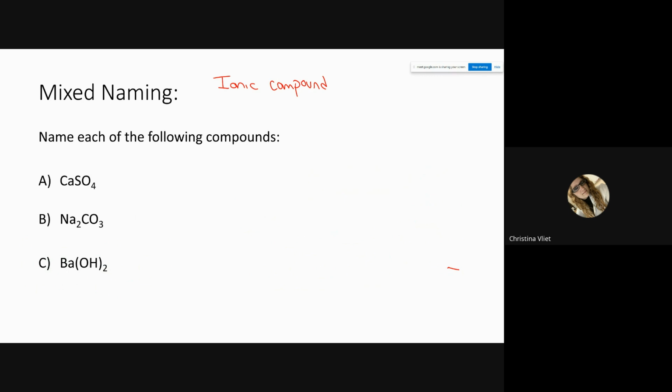So ionic compounds with 3 or more capital letters, indicating that we have 3 or more elements, tells you for sure, 100%, there's a polyatomic ion.